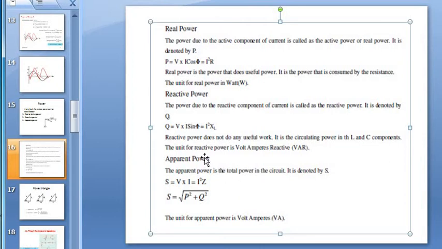What is apparent power? It is the total power in the circuit, denoted by the capital letter S, where S is equal to the product of total voltage and total current, or it is also given as I square into Z. The unit of apparent power is volt amperes.